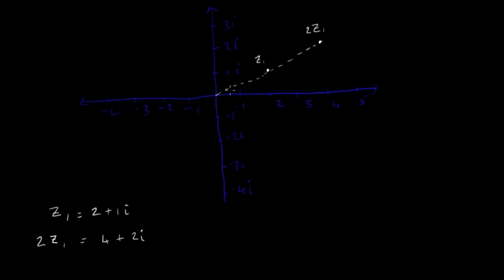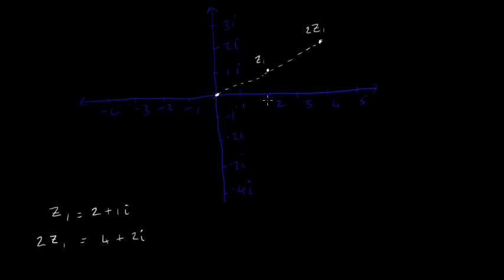So the distance from the origin to twice z1 is twice that distance there. And that's basically what happens when you multiply by a real number. You end up doubling or tripling the distance or quadrupling the distance from the origin.